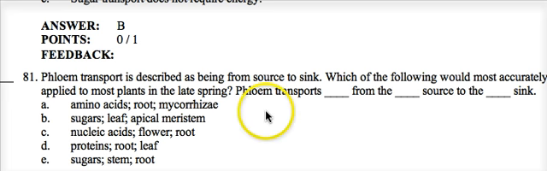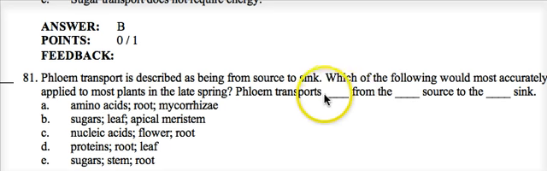Okay, so we have amino acids, root, mycorrhizae, sugars, leaf, apical meristem, nucleic acids, flower, root, proteins, root, leaf, and then sugars, stem, root. Okay, so let's start with what phloem transports. Phloem transports sugars. So we can automatically rule out the amino acids and nucleic acids and proteins.